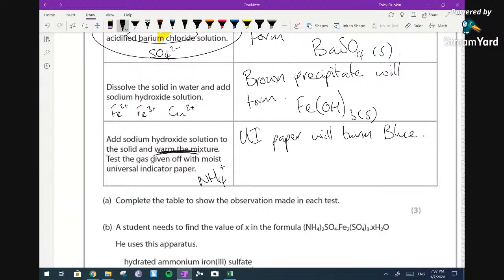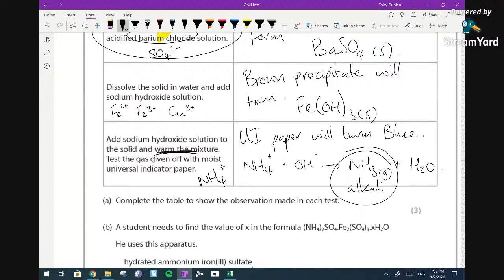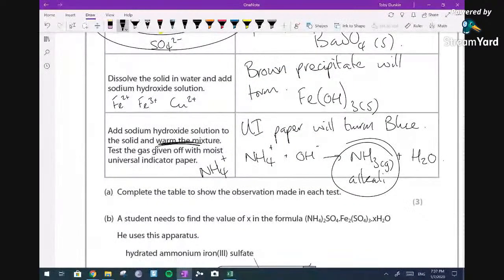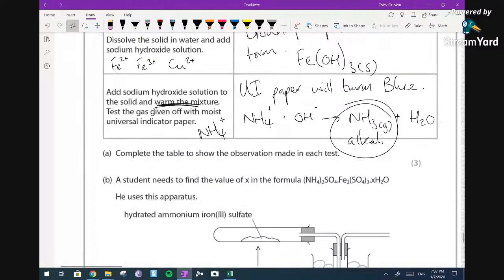I bet they accept purple. In reality, it's forming ammonia: the ammonium is reacting with the OH minus to form ammonia gas, which is an alkali, hence the blue, and water. That's the only observation. It's just a colorless solution. You don't see bubbles. You just see the universal indicator turn blue or purple, and they'd probably accept either.